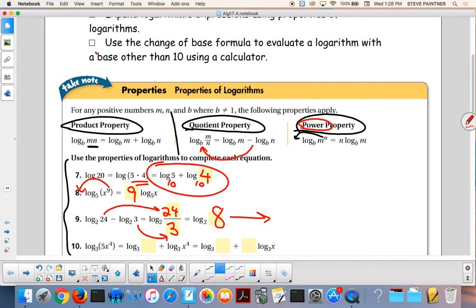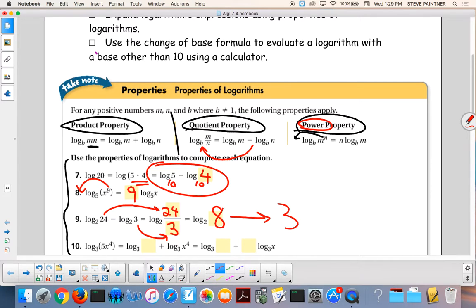What's the answer to that? 3. It says right here, 2 to the 3rd power is 8. If you can do it, keep going. Because in the back of the book, you're going to look and go, where did they get that 3 from? Oh, they just answered this question. 2 to what power is 8? 3. Okay.